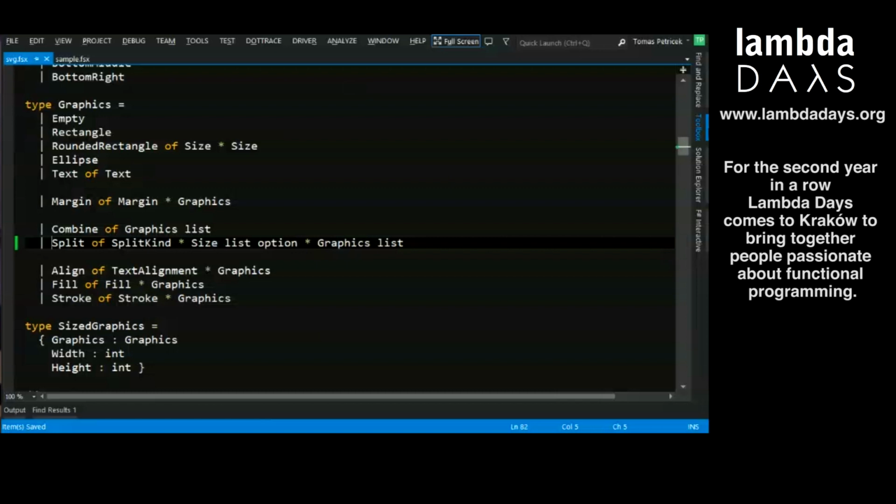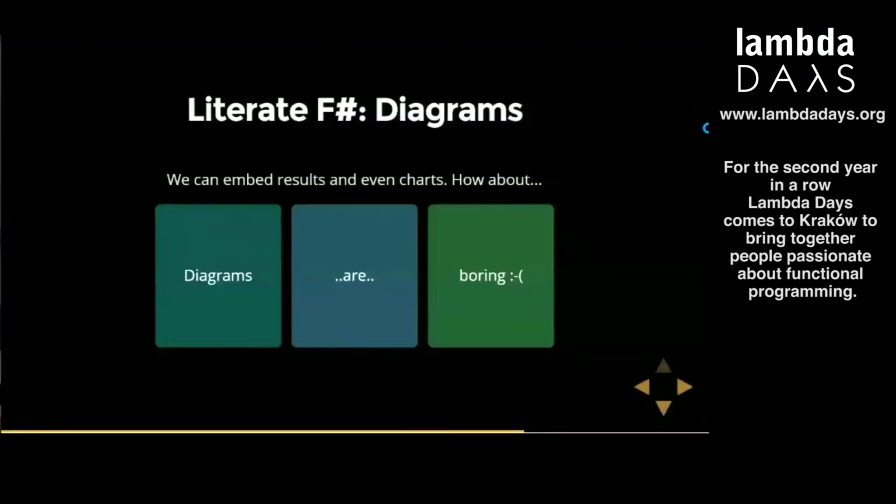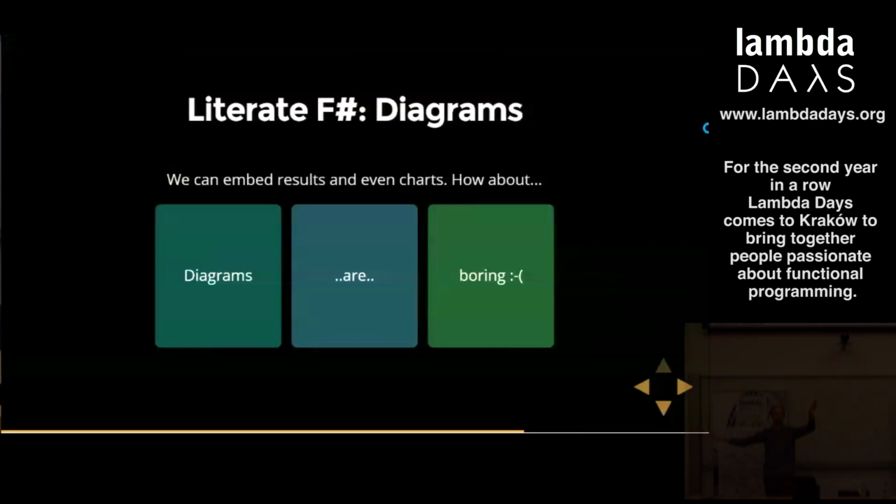And then we can put margin around them, or we can render multiple things over each other in the same area, or we can split the space that we have into multiple parts, and then you can also set the fill, color, and the alignment for text. So this is really all I used here. It's also all I used in the previous diagram, which was showing Markdown to PDF or Markdown to FSharp.